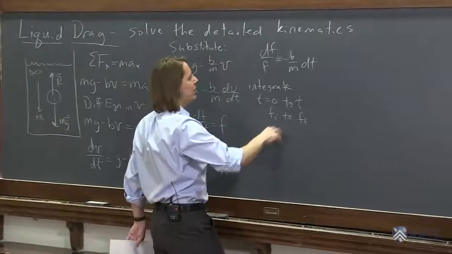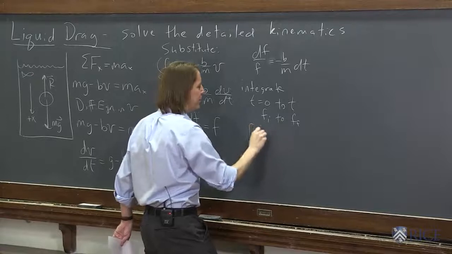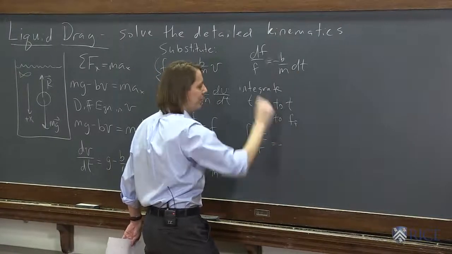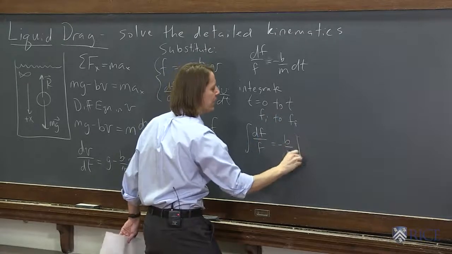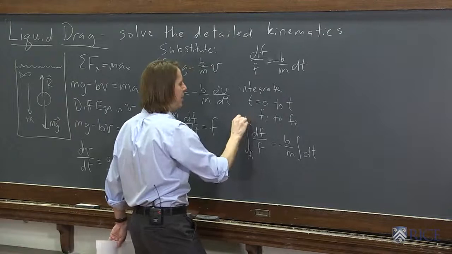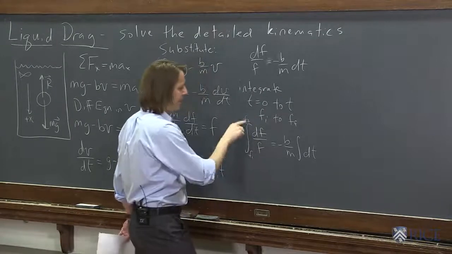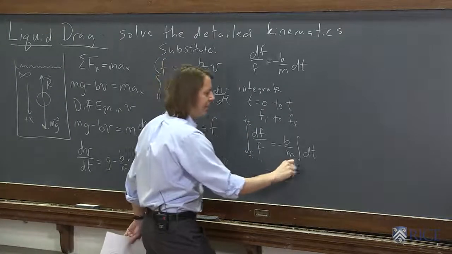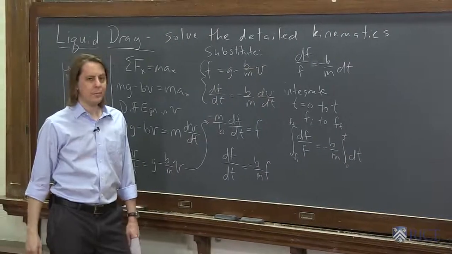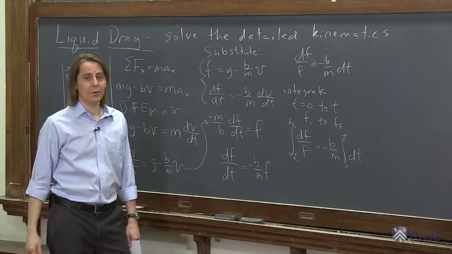Okay, so we're going to do that integral then. It's the integral of df over f equals minus, I'll pull the constants out, b over m integral dt. So this is from fi to ff, df over f, and b over m integral from 0 to t. And the integral of df over f is the natural log of f.